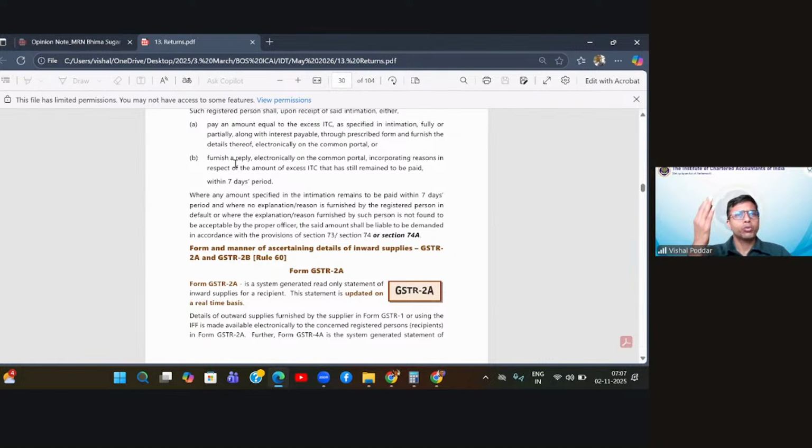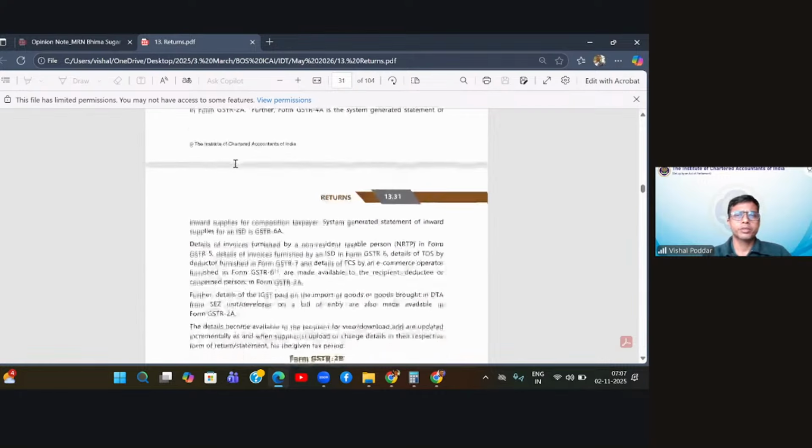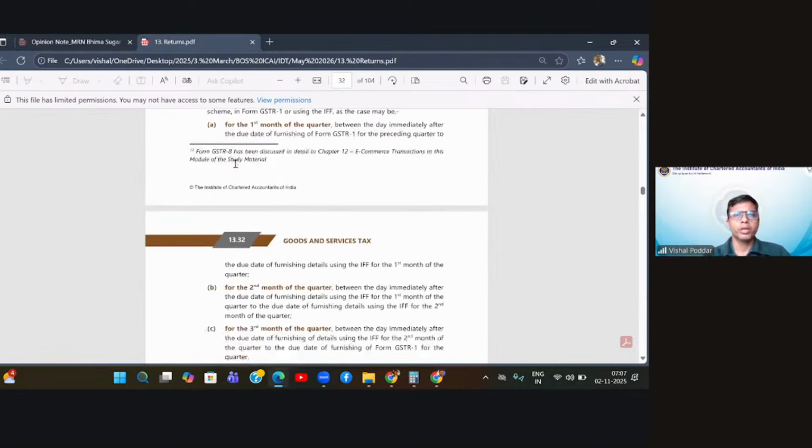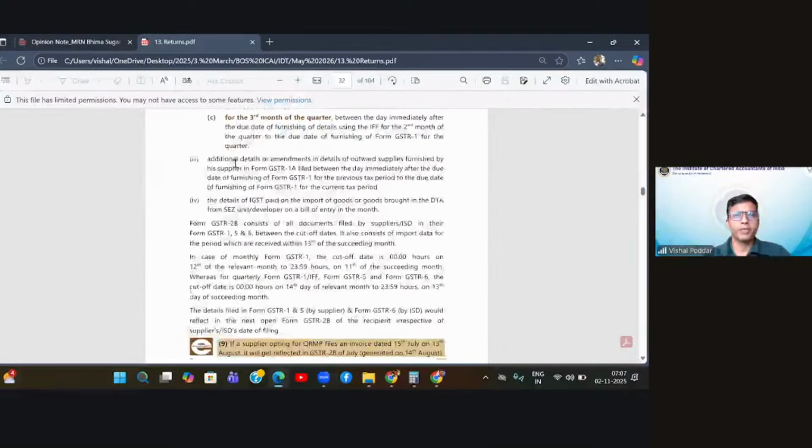So now 2B has a column which says available or not available. This is not there in 2A. So this is some information about the comparison between 2A and 2B.